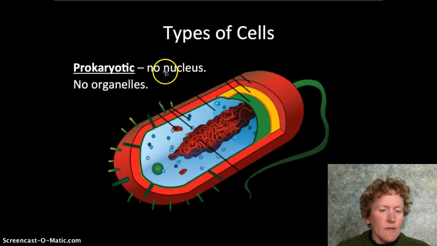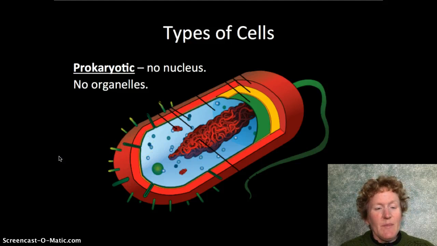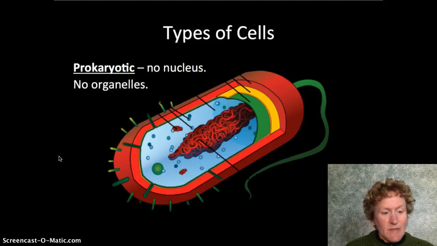Prokaryotes don't have a nucleus, and they don't have membrane-bound organelles. They're kind of just a bunch of stuff floating around in a big bag. That's a very simple analogy, but that's what bacteria are. And bacteria are very complicated little organisms, and they're very cool, but what makes them so cool is they're pretty simple sometimes.